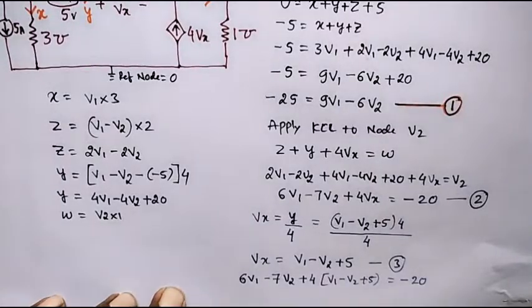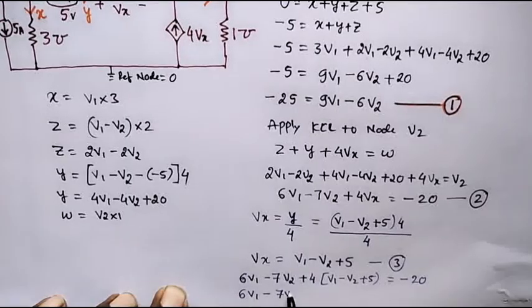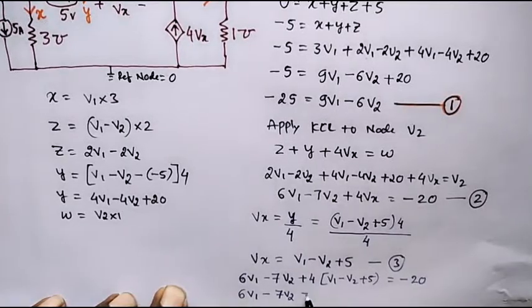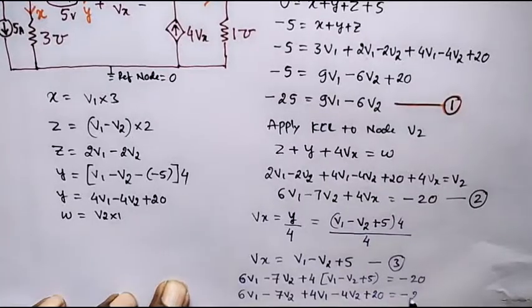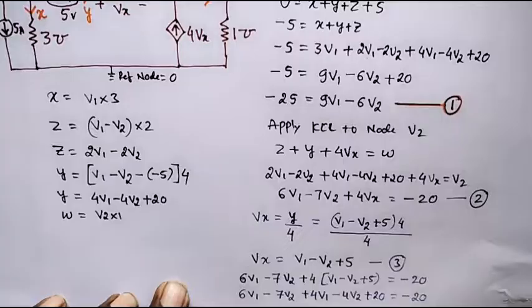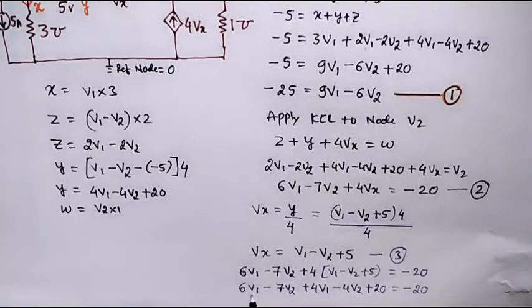We'll simplify this further. It will be 6V1 minus 7V2 plus 4V1 minus 4V2 plus 20 is equal to minus 20. 6V1 and 4V1, that is 10V1, minus 7V2 minus 4V2 is minus 11V2, is equal to minus 40.